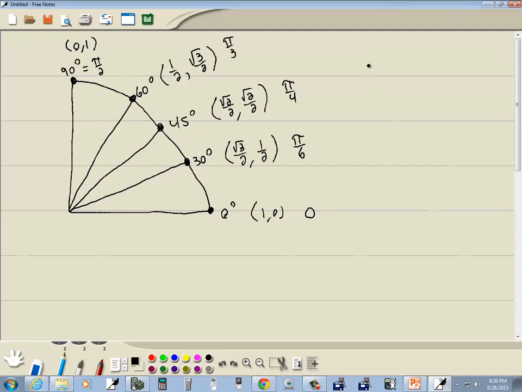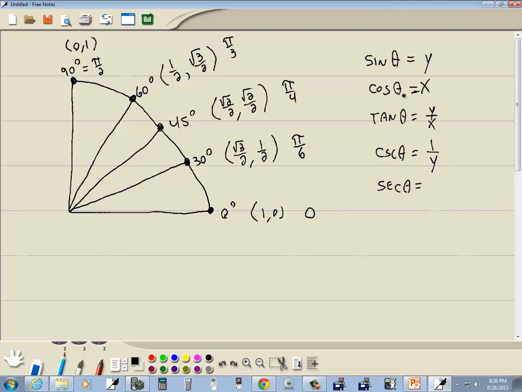Now we got some more formulas that go along with this. Sine theta, assuming you're working with a unit circle, these special angles here, sine theta is going to equal y. Cosine theta is going to equal x. Tangent theta is equal to y over x. Cosecant is a reciprocal of sine, which would be 1 over y.